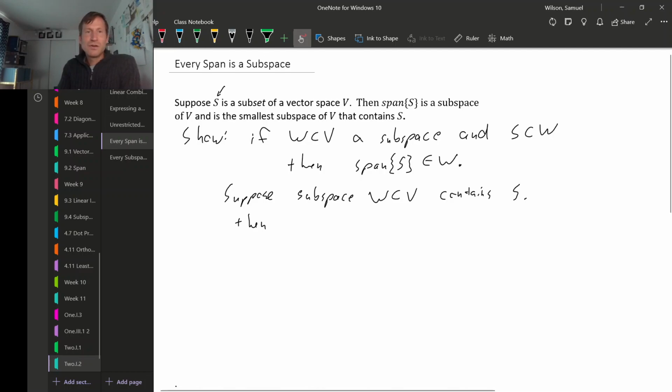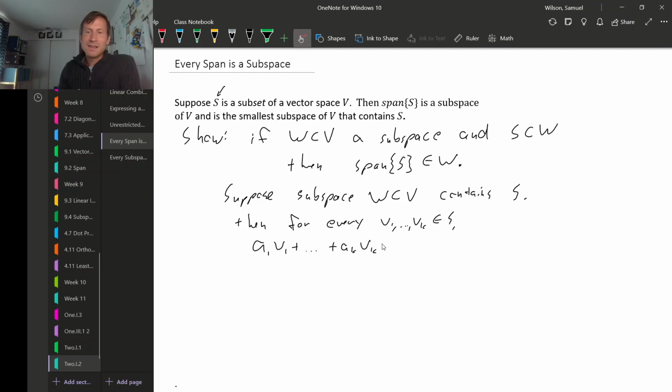Then for every collection of vectors v1 through vk in S, the linear combination a1 v1 plus up through ak vk is contained in W. Why is this the case?